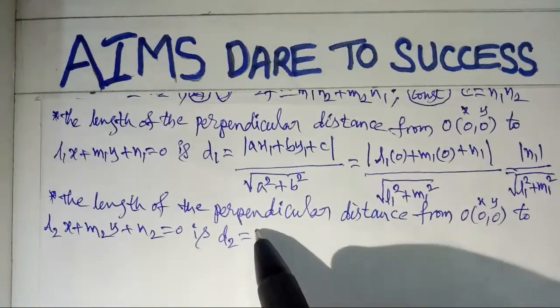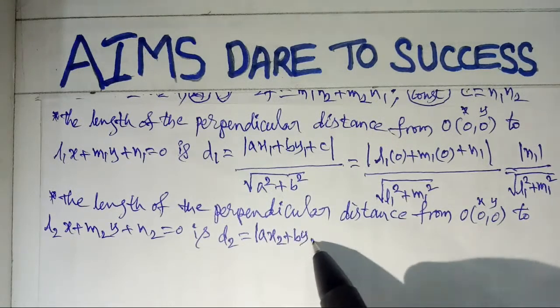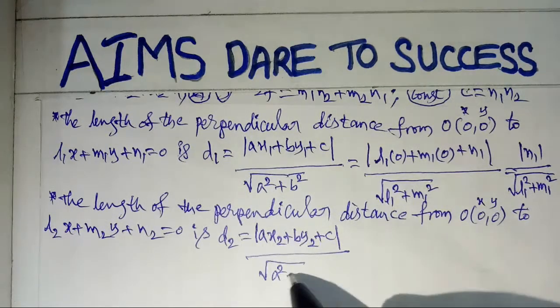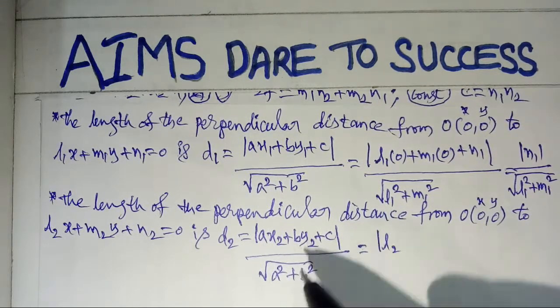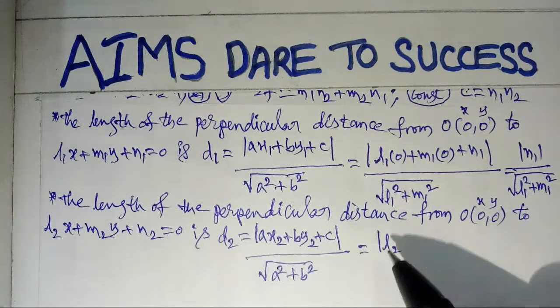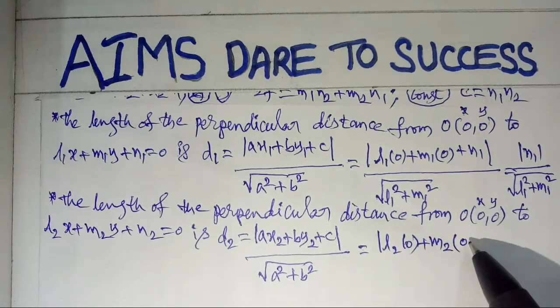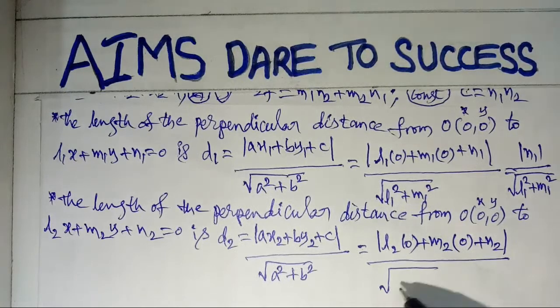Same to same formula: |ax1 + by1 + c| / √(a² + b²). Like this you can use |L2 into x value 0 + m2 into y value 0 + n2| divided by √(L2² + m2²).